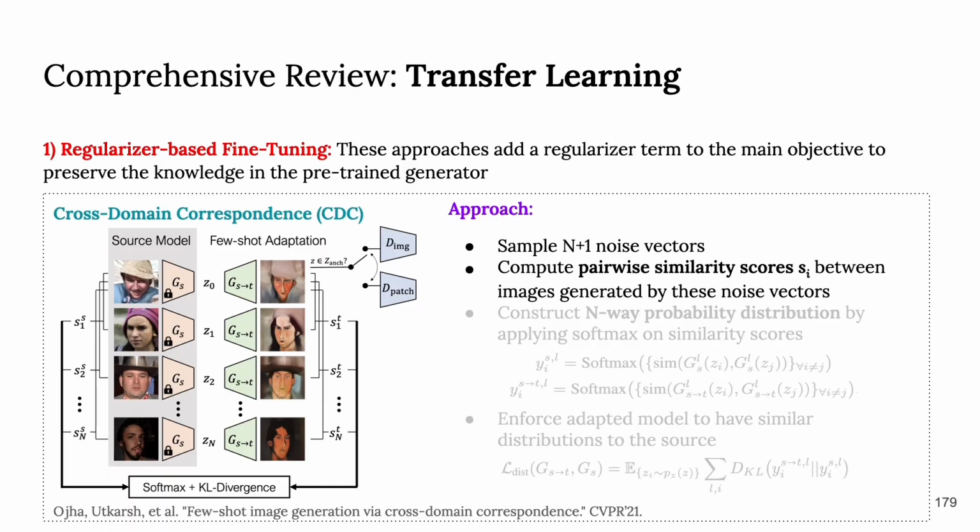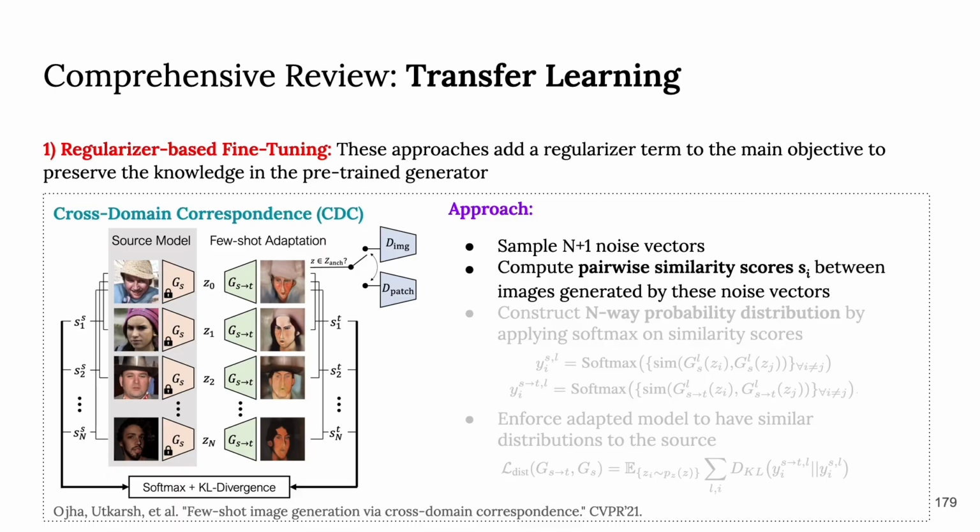So this is a similarity score. They compute this in a feature space. They do a similar thing for the adapting generator. For images generated by Z0 and Z1, they get S1T. For Z0 and Z2, they get S2T, and so on.